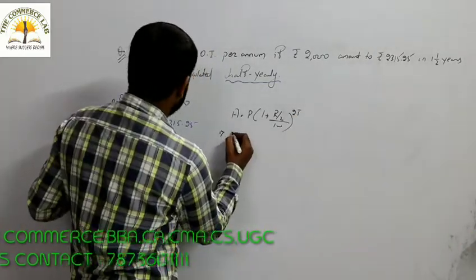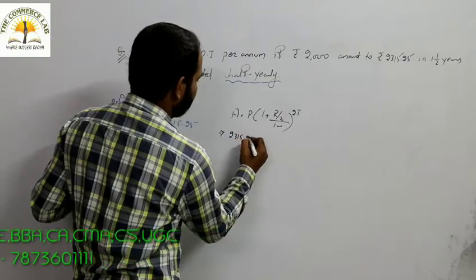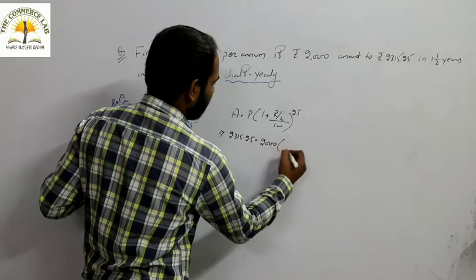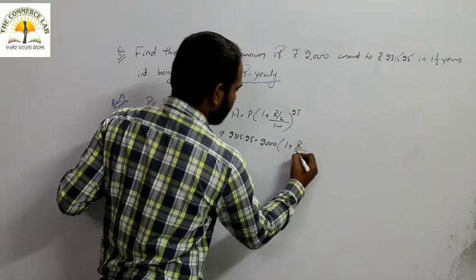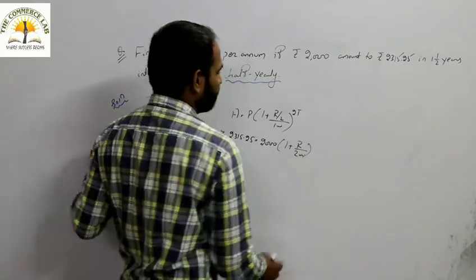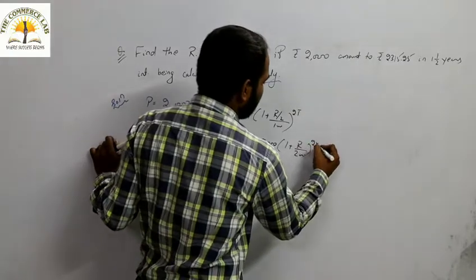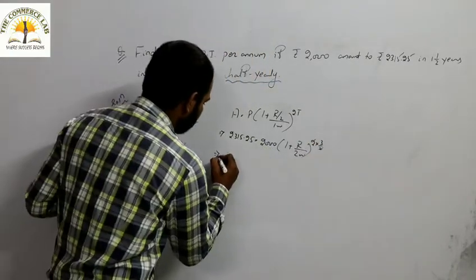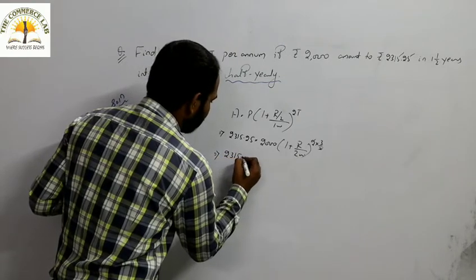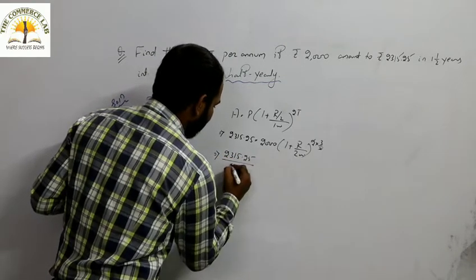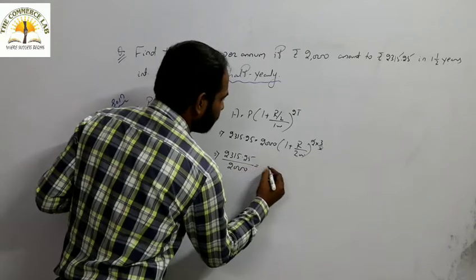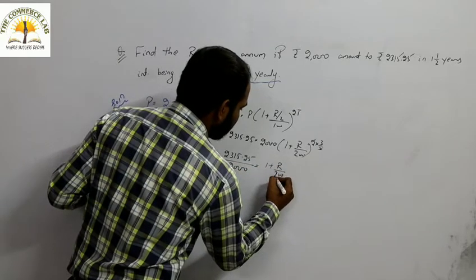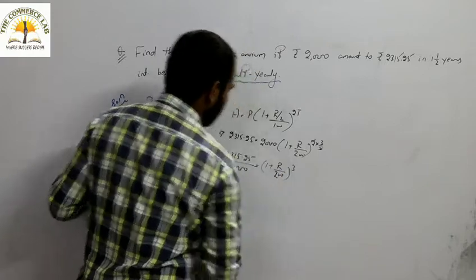This implies A is given here, 2315.25 is equal to 2000 into 1 plus R by 200 to the power 2T. Here T is 3/2, so the 2 gets cancelled. 2315.25 by 2000 is equal to 1 plus R by 200 to the power 3.